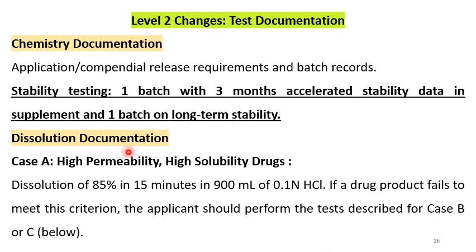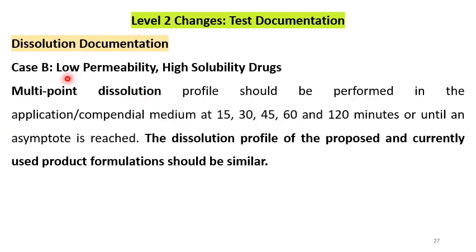Dissolution requirements are also changed. Case A, that is high permeability, high solubility drugs. You may refer to these as BCS 1 only, because high solubility and high permeability are there. The dissolution of 85% in 15 minutes with the standard dissolution conditions. Then second, low permeability and high solubility.